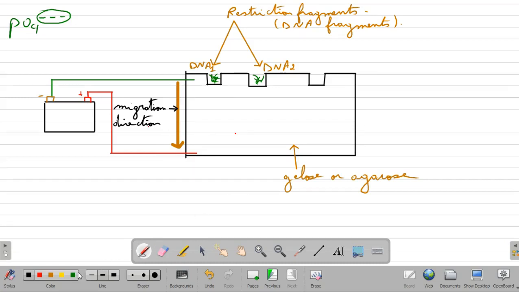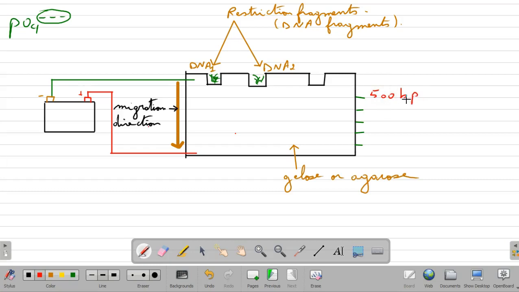And what else? This container is graduated. Look to this, please. Here we have graduations, like a ruler. For example, here we have 500 base pairs.